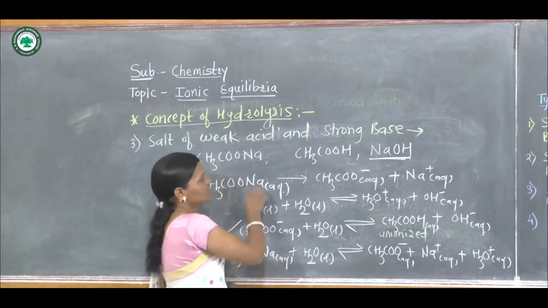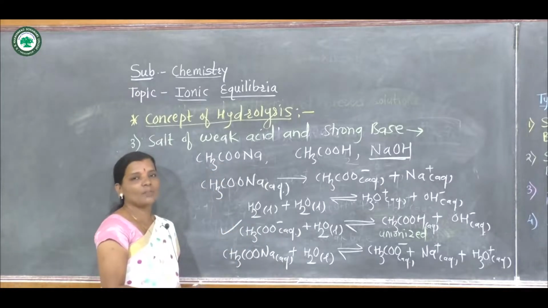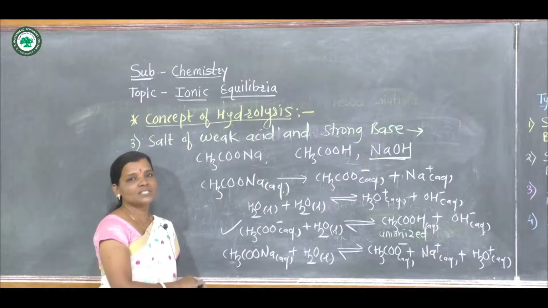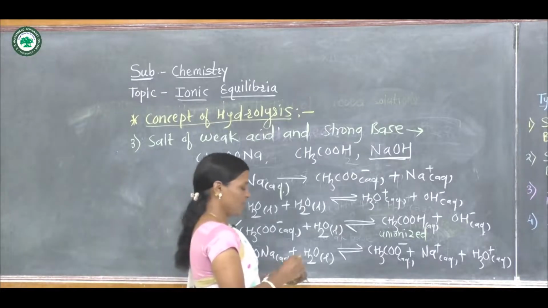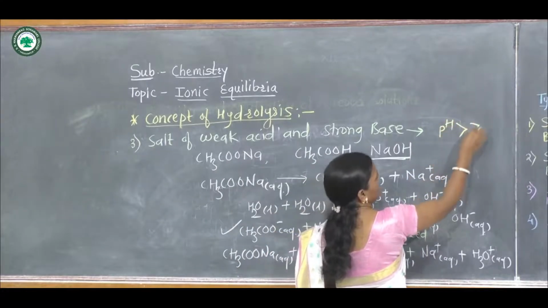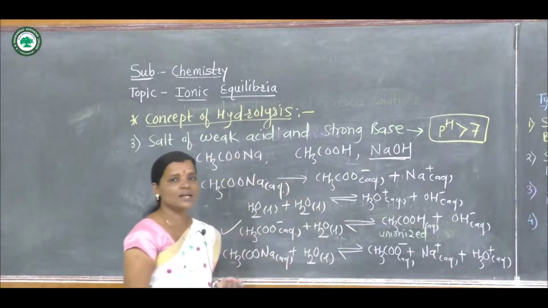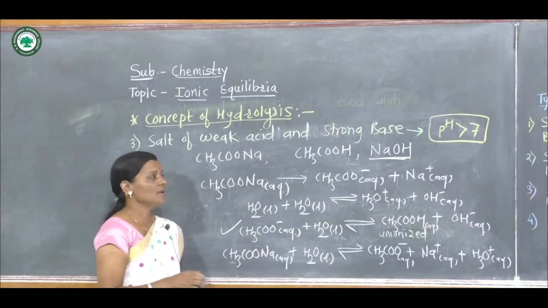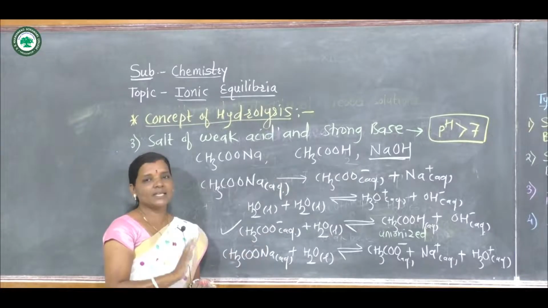Hence it is concluded that solutions of the salt of a weak acid and a strong base are always basic in nature, and the pH of such solutions is always greater than 7.